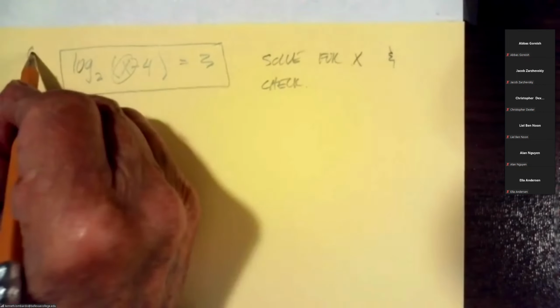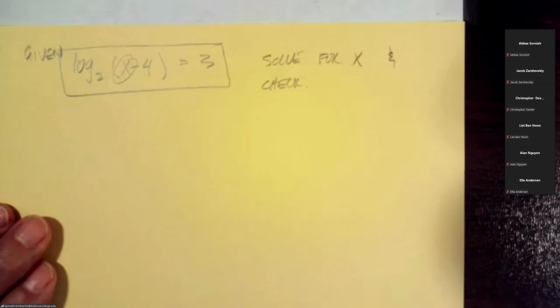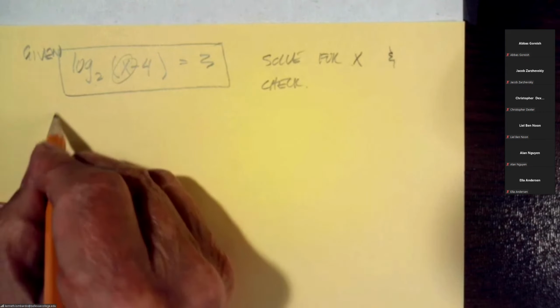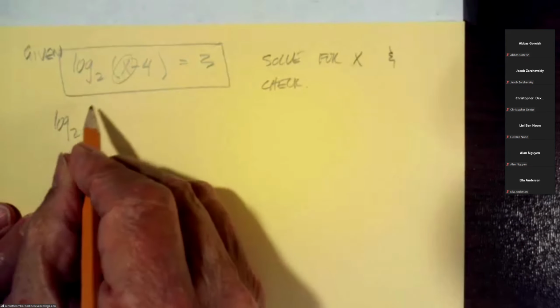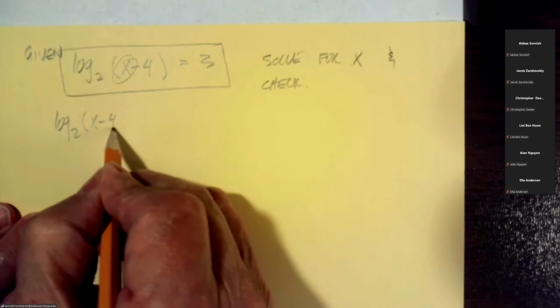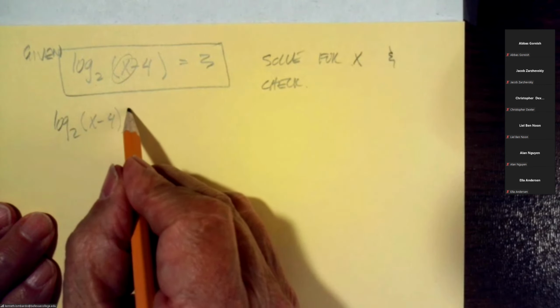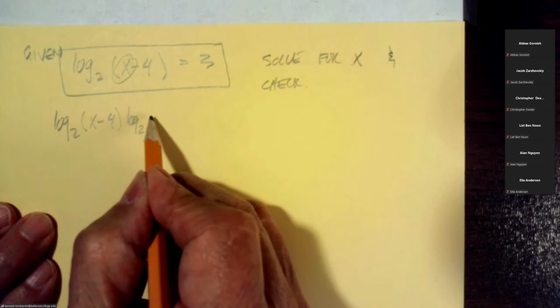So this is given. The first step I would do is log base 2 times x plus 4 is equal to log base 2 x minus 4, and then you want to do that again. I would do equal to 3.